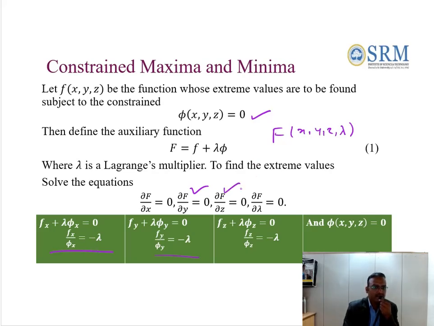From dou F by dou z equal to 0, we get fz upon pi z, which is equal to minus lambda. And from dou F by dou lambda equal to 0, we get pi of x comma y comma z equal to 0. From these four equations, we have to find the values of x, y, z and then lambda if required.